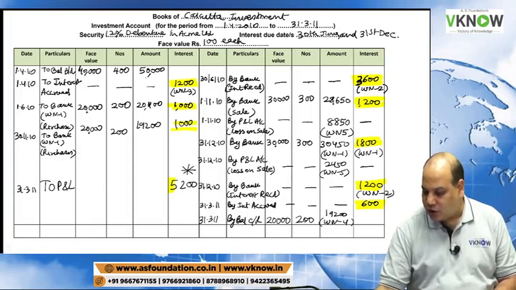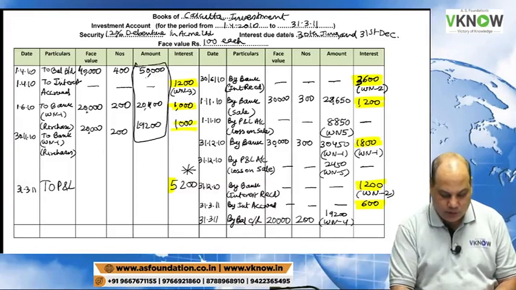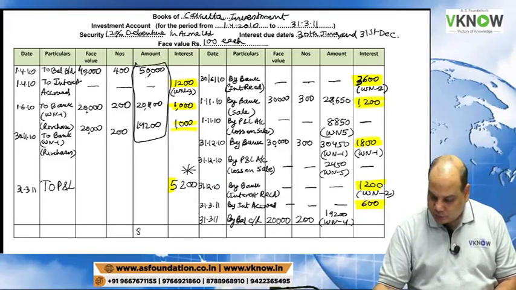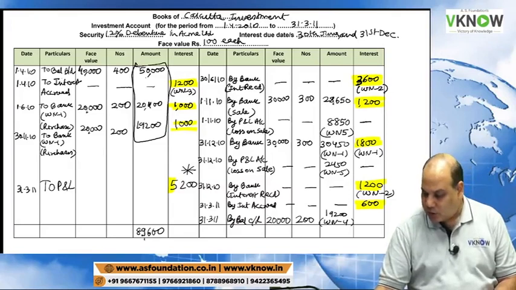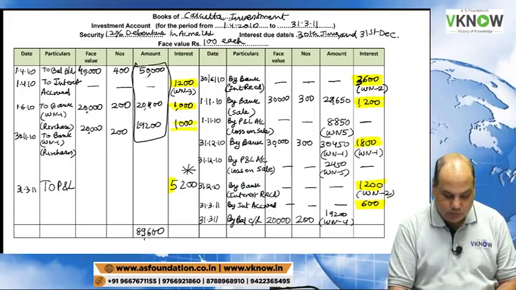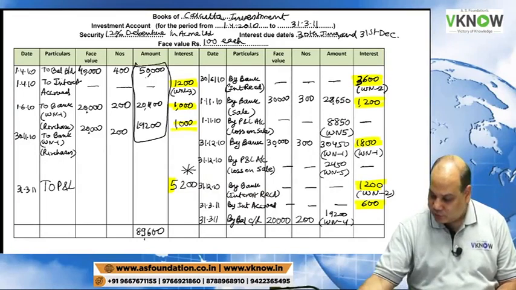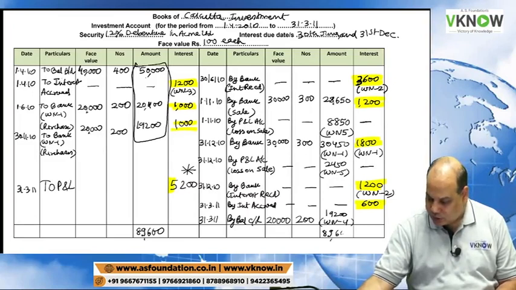Now just check whether the amount column is tallying. Please tell me the total of the amount column on the debit side. 50,000 plus 20,400 plus 19,200 is 89,600. And on the credit side also it should tally: 28650 plus 8850 plus 30450 plus 2450 plus 19,200, 89600.